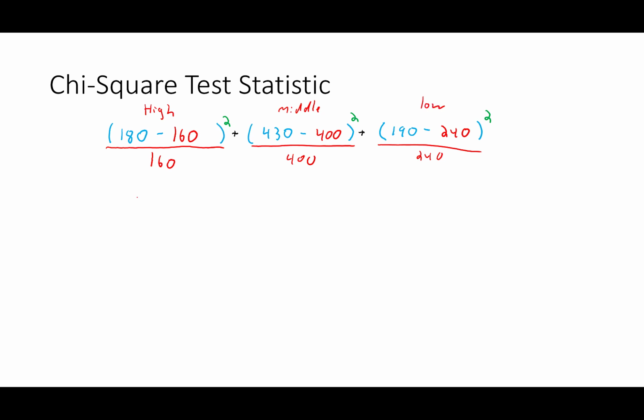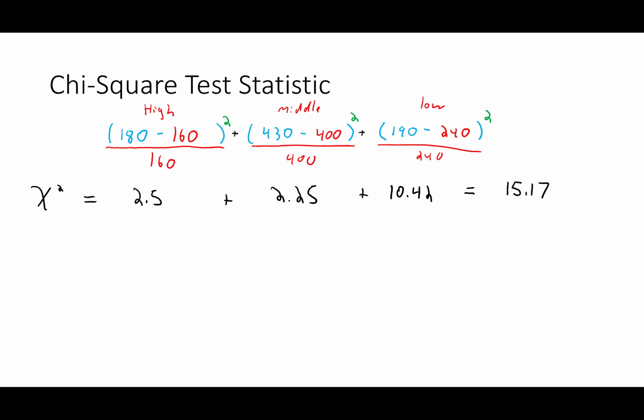If we were to do this out, our high income quantity would be 2.5. Our middle income quantity would come out to be 2.25. And our low income quantity would be 10.42 roughly. And adding this all up would come out to about 15.17. And we would denote this as our chi-squared test statistic.